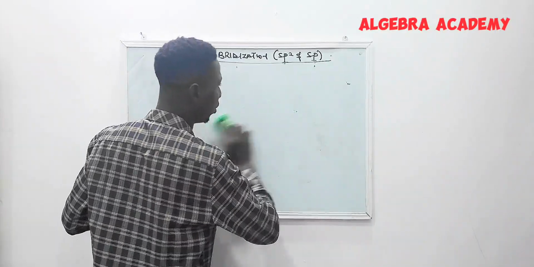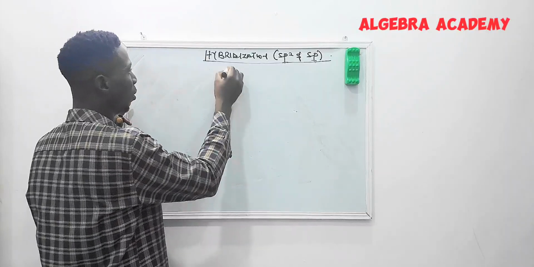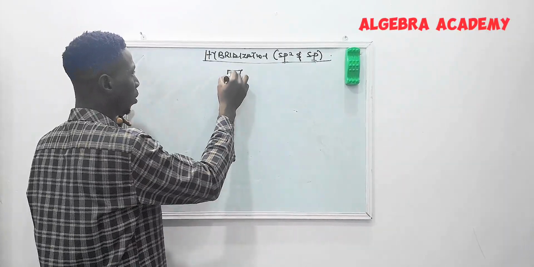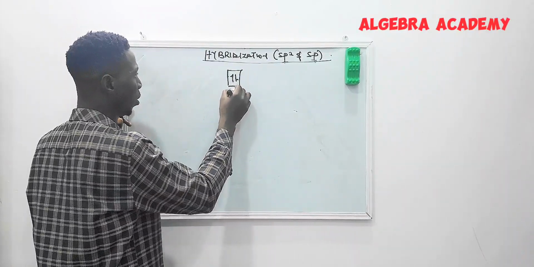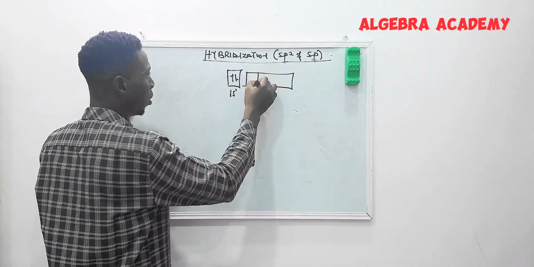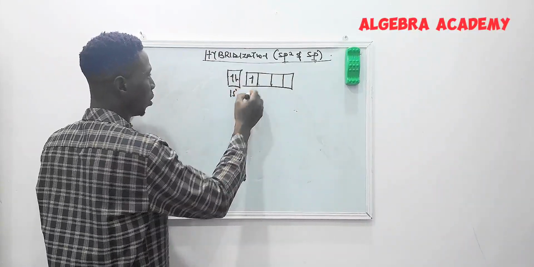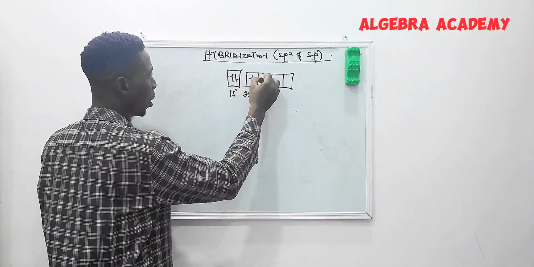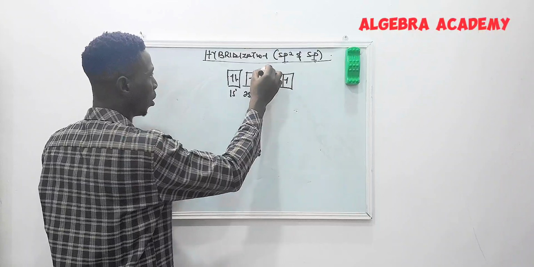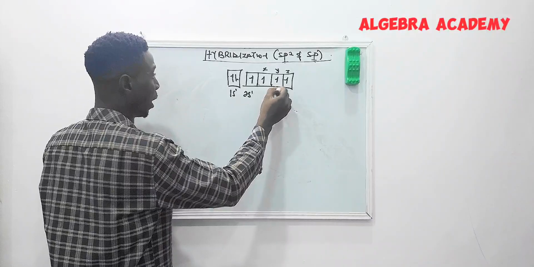Now for sp, that means we'll have the 1s, the 2s, and the 2p3, x, y, z, like we have it before.